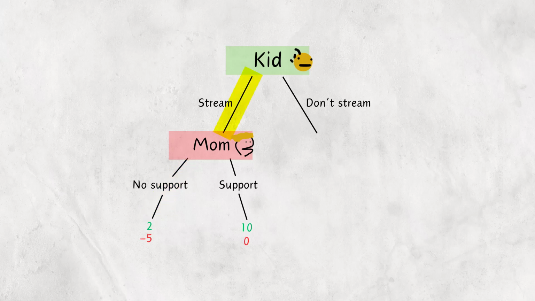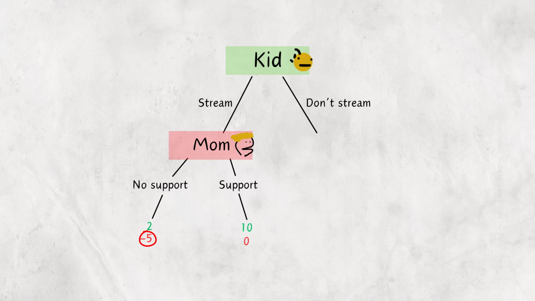But if the kid decides to stream and his mom supports it, this is where he will be most happy. He can live out his dream while being provided for. If she doesn't support him, he will have a much tougher time, but will still live out his dream. Mom, on the other hand, will not be happy either way if he streams.